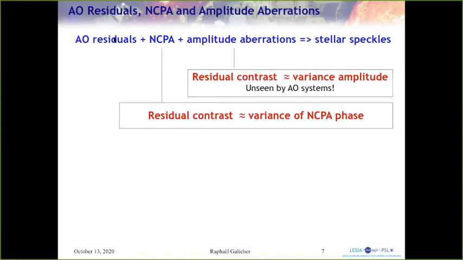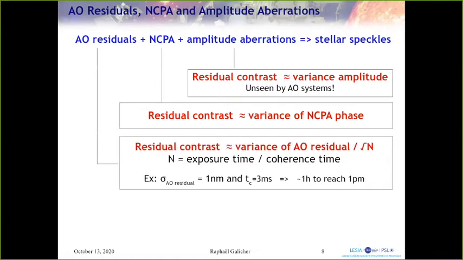For the AO residuals, imagine that these residuals change at each coherence time of the turbulence. Then if you record a long exposure, they will average, but not completely, because the exposure is never infinite.